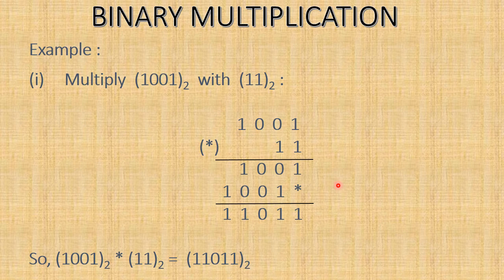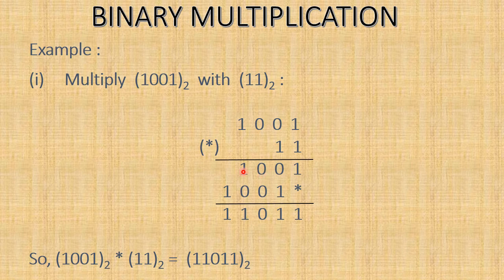Now there is one example based on binary multiplication. Whenever we are doing multiplication of two binary numbers, we have to keep in mind these rules of binary multiplication that I told you just now. So in this example, we are going to multiply two binary numbers.